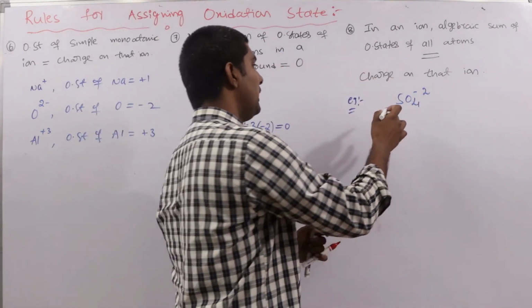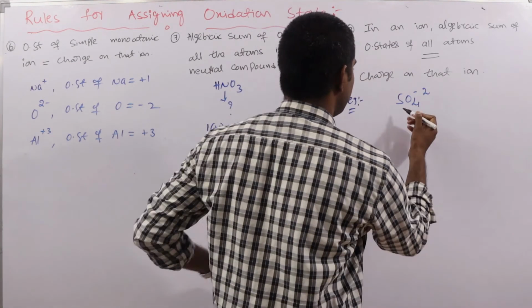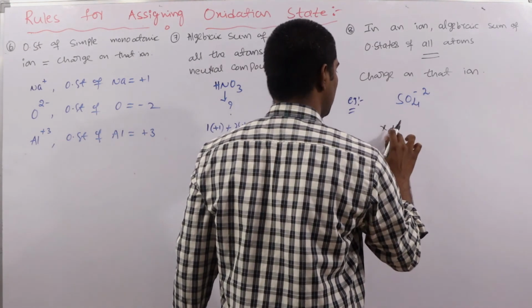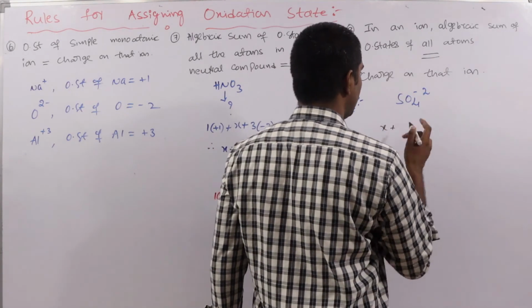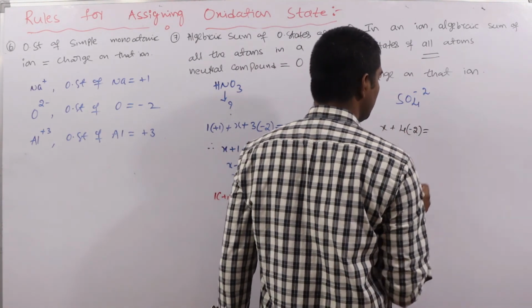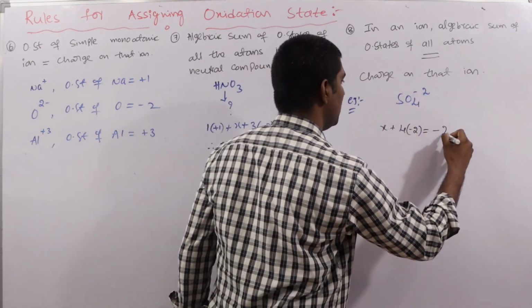Suppose we want to calculate the oxidation state of sulfur, that we assume as X. Four oxygens, each oxygen carries -2, equal to the charge on the ion, how much? -2.